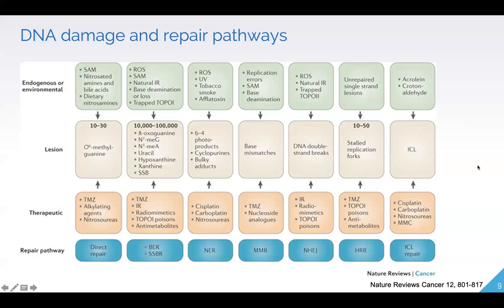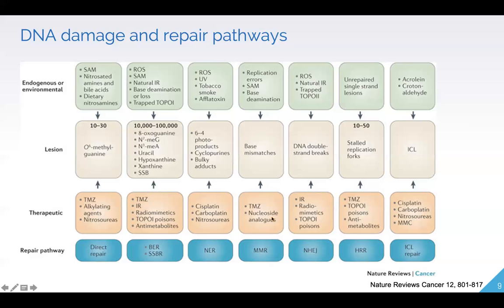Some of the same lesions, obviously, are also induced by clinical agents that we use as therapeutics. For example, as I mentioned, whether it's ionizing radiation or platinum compounds that are commonly used, or even something like temozolomide, the only agent that is used for brain tumors. All these agents pretty much have the capacity to kill cancer cells primarily through their ability to induce different types of DNA damage.